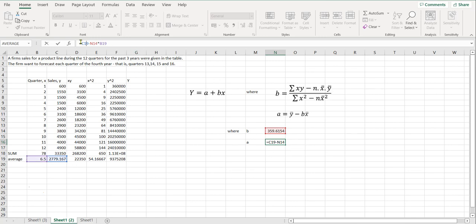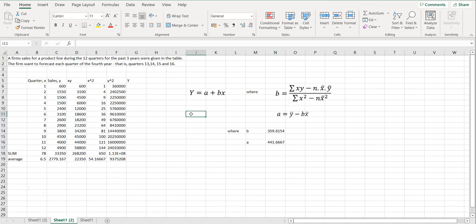So when you put the formula here, you can get the value of a equal to 441.6667. So the formula for y is: y equals a, 441, plus the b value, 359.6, multiplied by x.